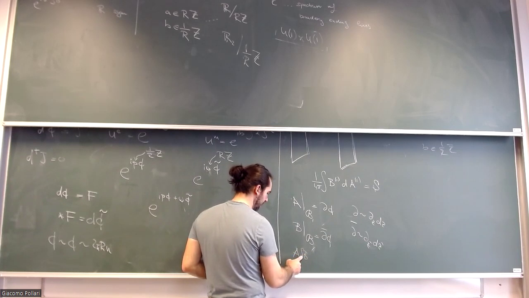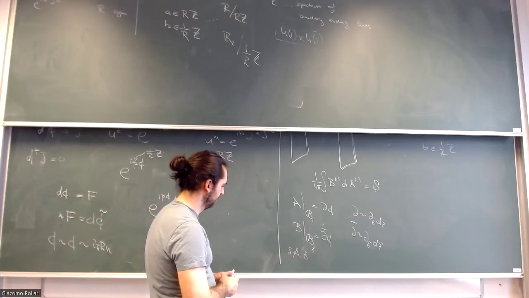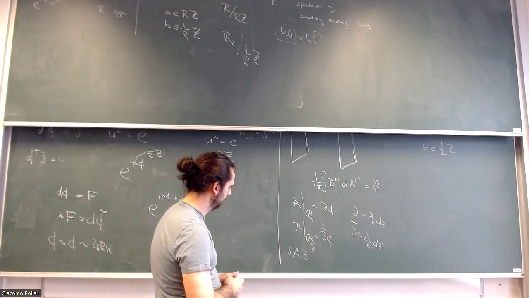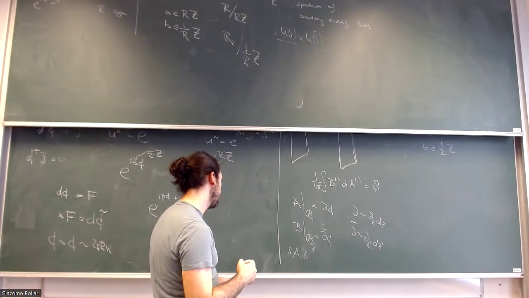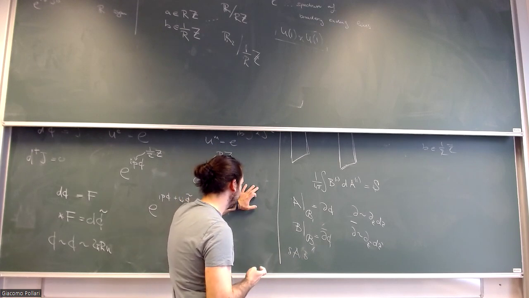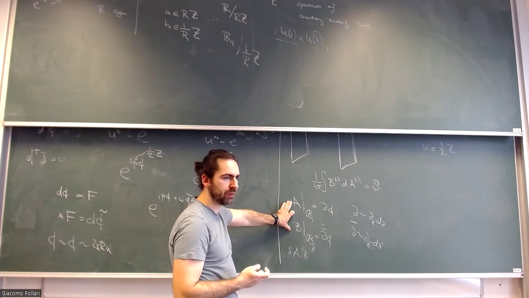So probably the other way, B delta A. For these, I really need to add some extra boundary terms to cancel that out.